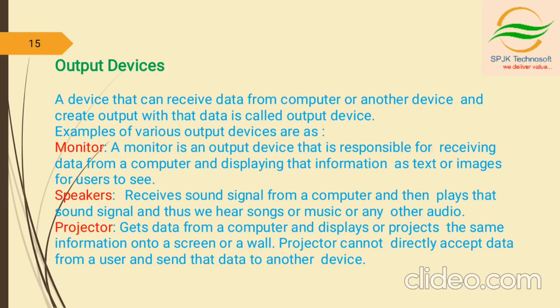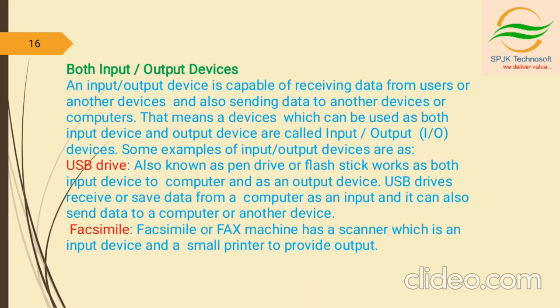Projector cannot directly accept data from a user and send that data to another device. It takes data from the computer and displays it to the user through a wall or any other surface, whatever the hardware component is.